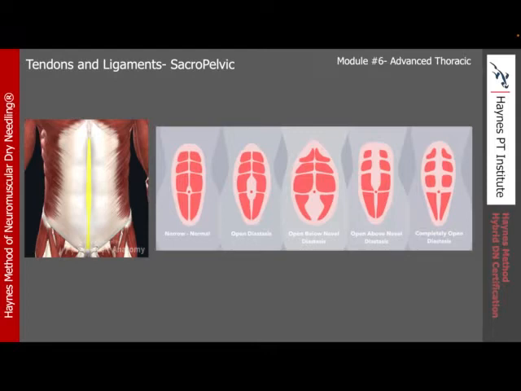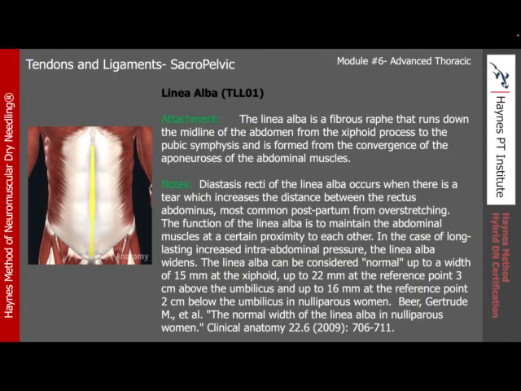Basically what that means, just read this for good information: a diastasis recti of the Linea Alba occurs when there is a tear which increases the distance between the rectus abdominis, most common postpartum from overstretching. Function of the Linea Alba is to maintain the abdominal muscles at a certain proximity to each other.